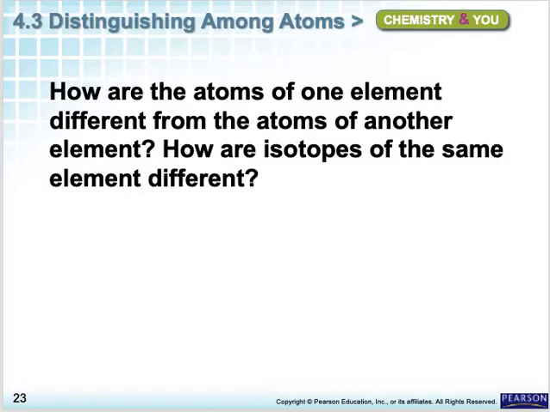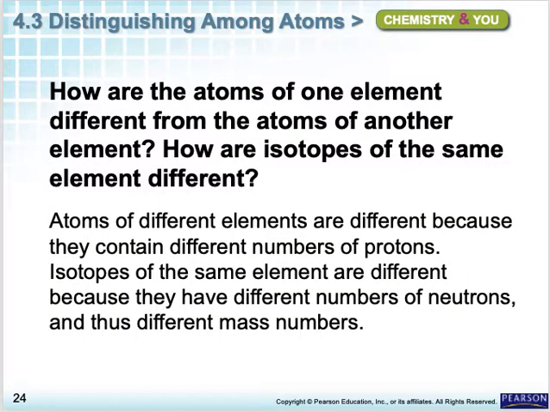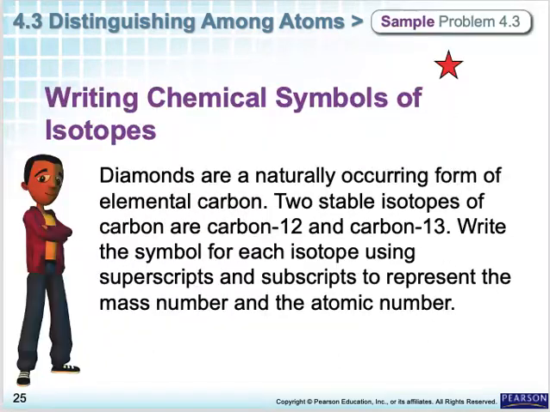And how are isotopes of the same element different? Well, if we know the number of protons, we know the identity of the element. If we know the number of neutrons, we can figure out the mass for that particular isotope, because isotopes have different numbers of neutrons. Writing chemical symbols: we write out the name carbon-12.